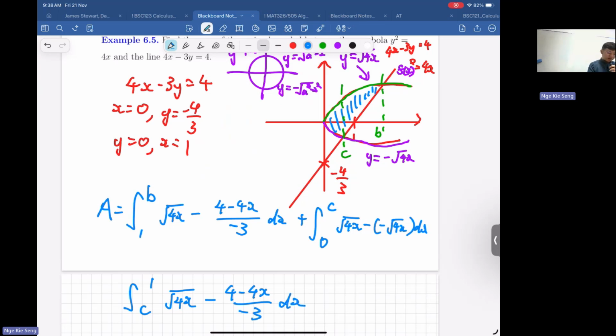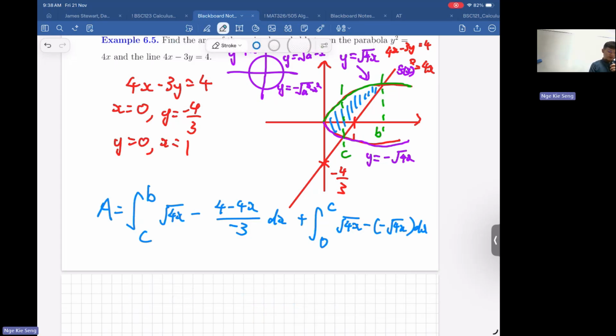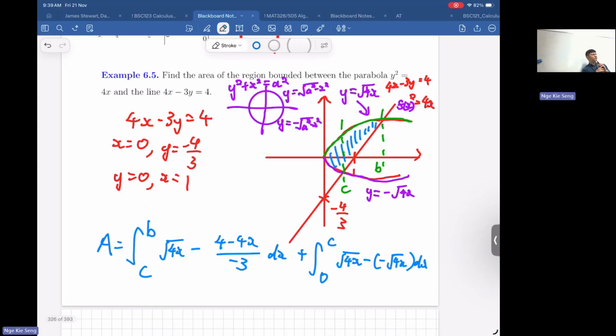Seems like 1 to b and C to 1 have the same integrand, so actually we can combine them, because the top and bottom are the same function.